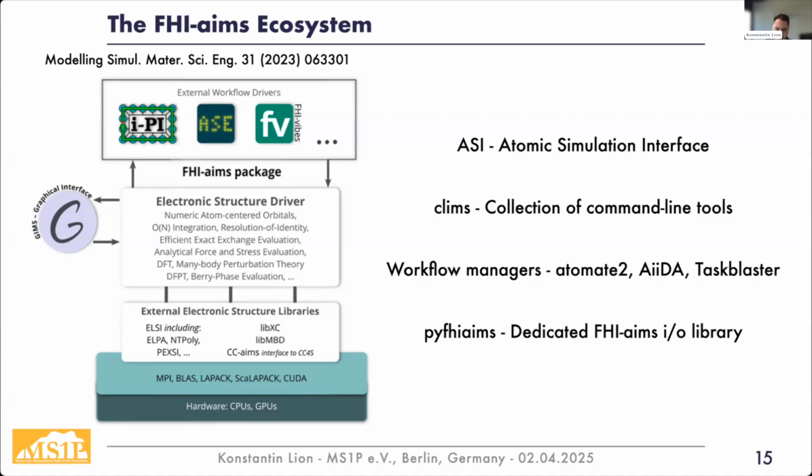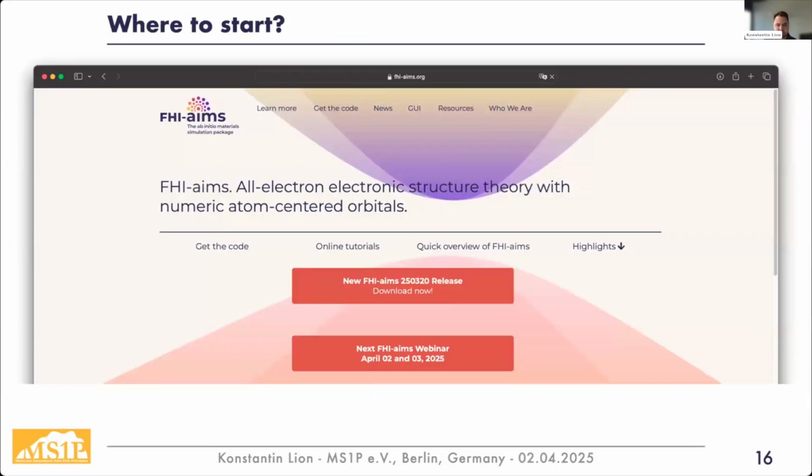Support for several workflow managers, which some of you might know quite well, like Atomate2, AiiDA, TaskBlaster, and so on. And then lastly, something we've worked on relatively recently is PyFHI-aims. So that's really a dedicated FHI-aims I/O library, which we hope will make development much easier in the future, also for new developers. Okay, so that's the ecosystem.